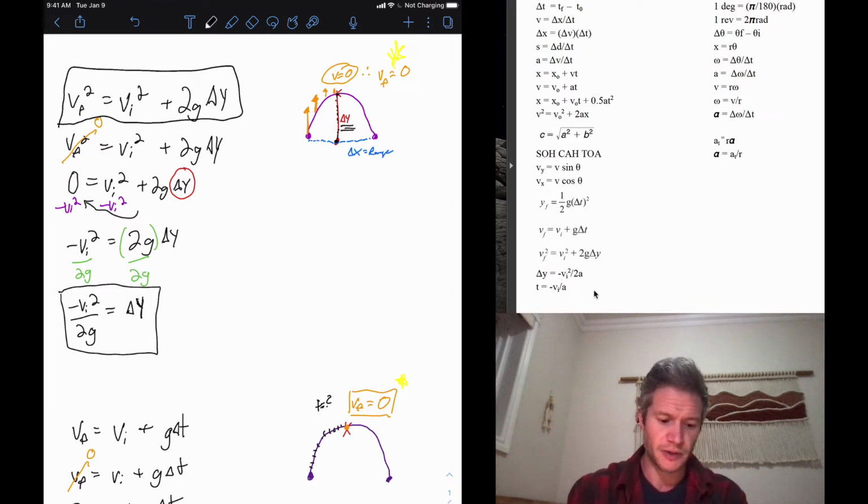Okay, so this would be the x range down here, or the x-axis, which is also known as the range, when it goes from here to here. But again, we're just interested with the y-axis here. We only want to know the maximum height that it gets to.